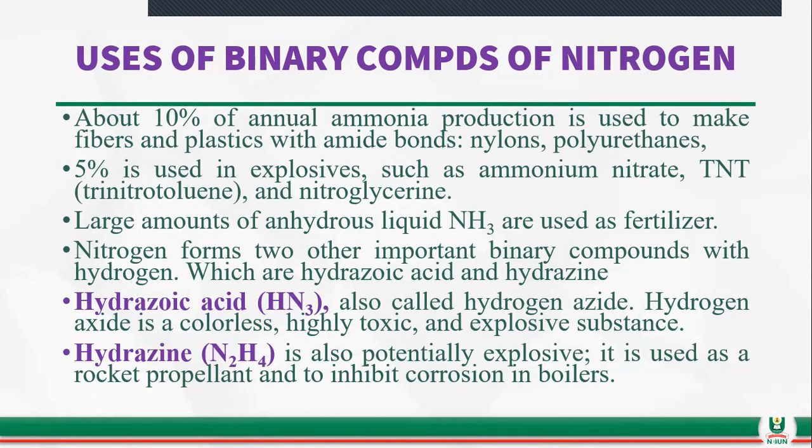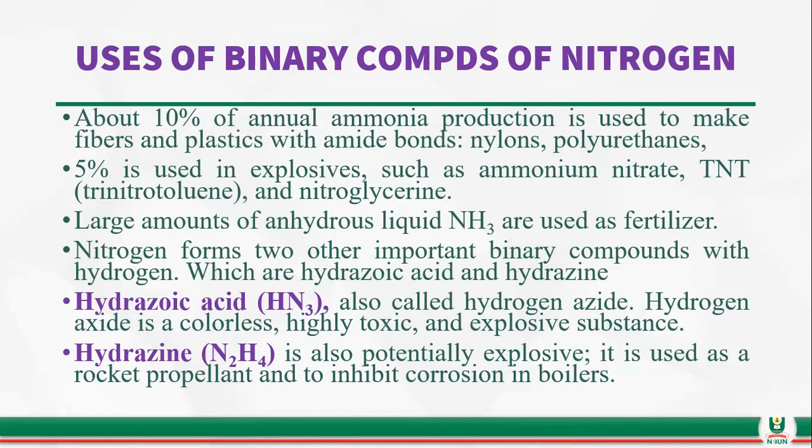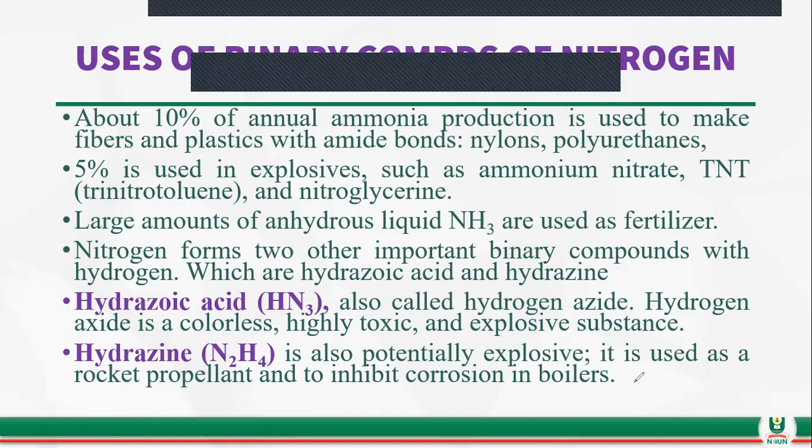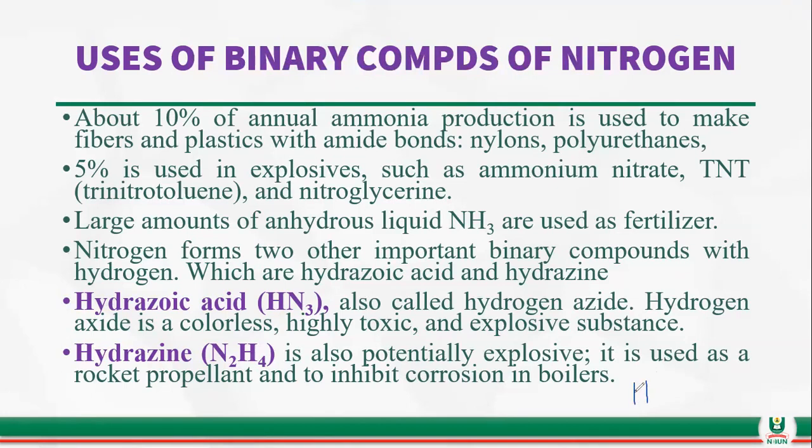Hydrazoic acid is an acid with molecular formula HN3. It's just like an azide reacting with a hydrogen. You know, hydrogen, remember what we have said, it can act as a positive, it can act as negative, so its position is unique.